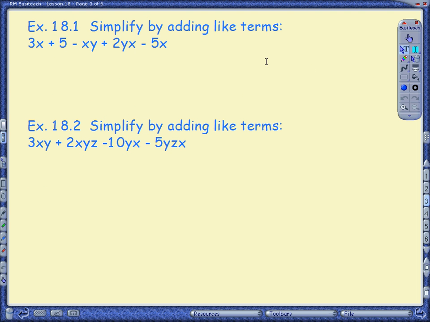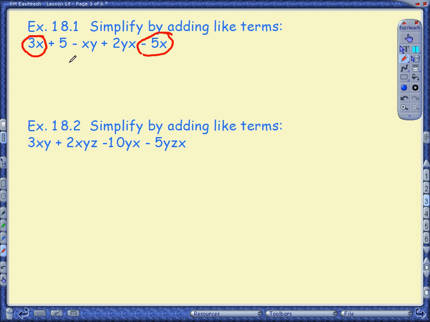Okay, to do these now, sometimes it's easier to see the like terms if we put a circle around them. So I'm going to use the red pen, and I'm going to put a circle around the 3x and a circle around the negative 5x. There's nothing like the 5.